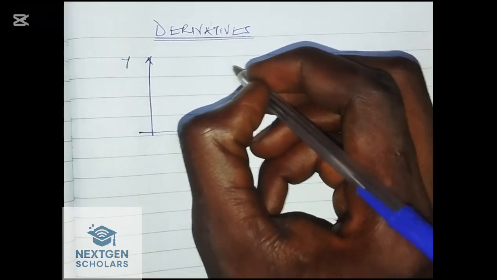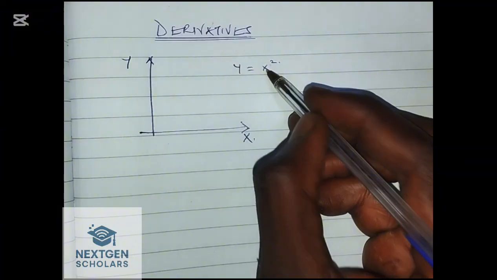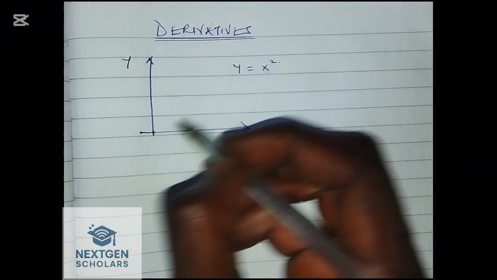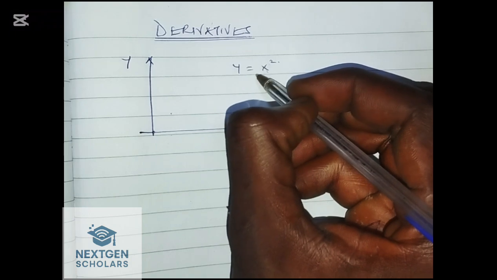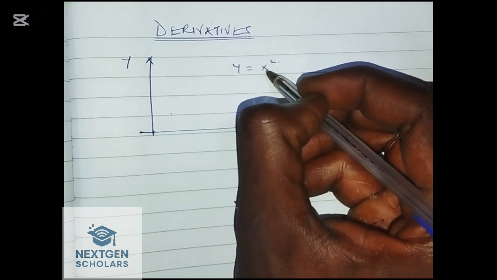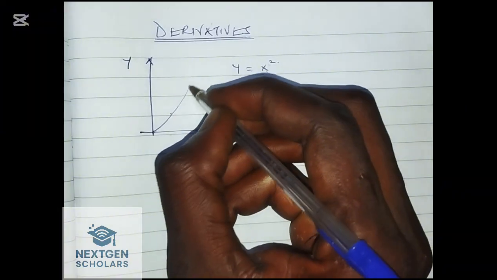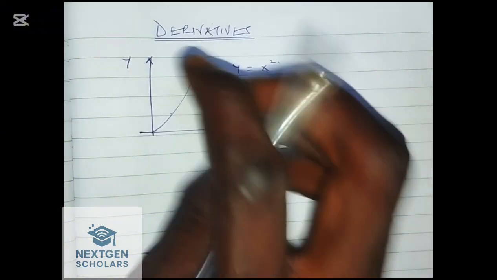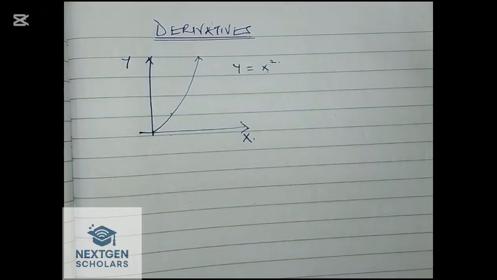Let's say we have y equals x squared. At x equals 0, we get y equals 0. At x equals 1, we get y equals 1. At x equals 2, we get y equals 4. So this graph picks up like this. This graph is not drawn perfectly, but let us assume that this is the graph.